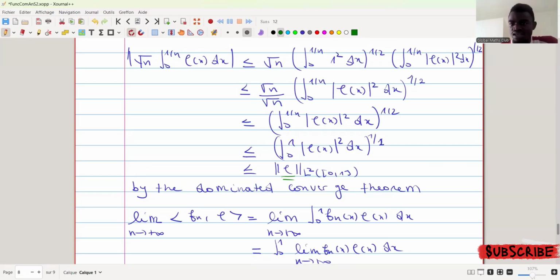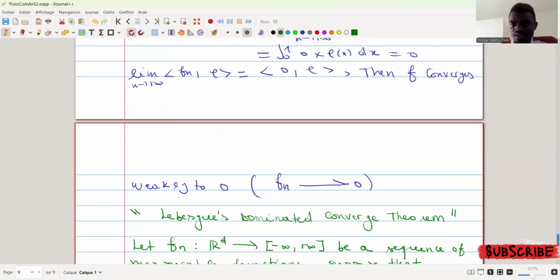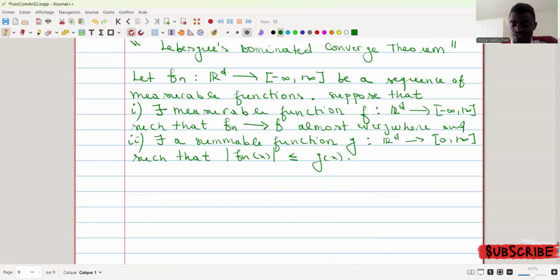It is positive since it is also a norm. So you can see that g goes from R to 0 plus, which means that g should be positive. This is for almost every x in R^d.